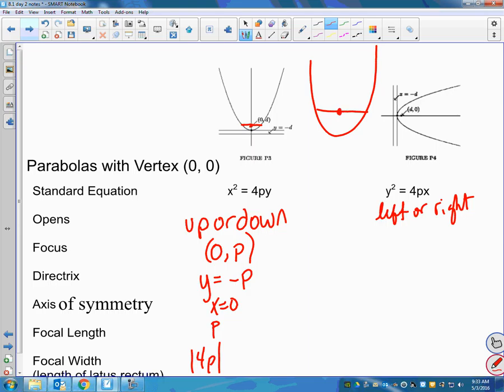My focus is always going to be perpendicular to here, and this is p. Sorry, I was trying to think like this would be 2p, but that's not really good.